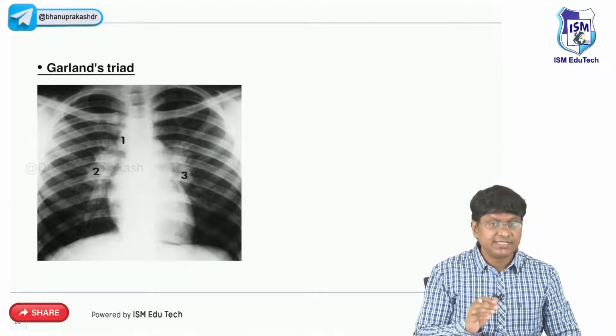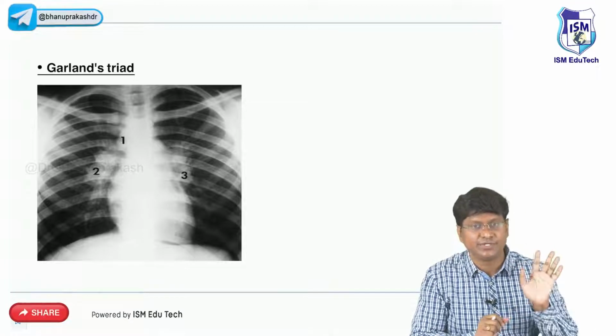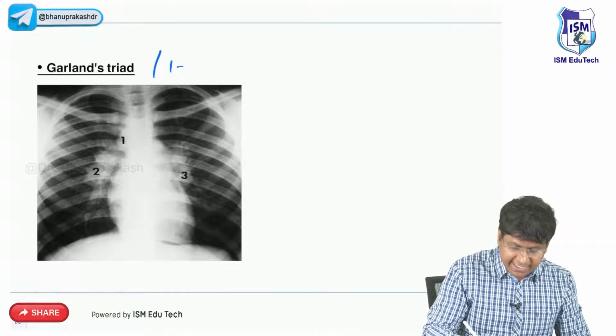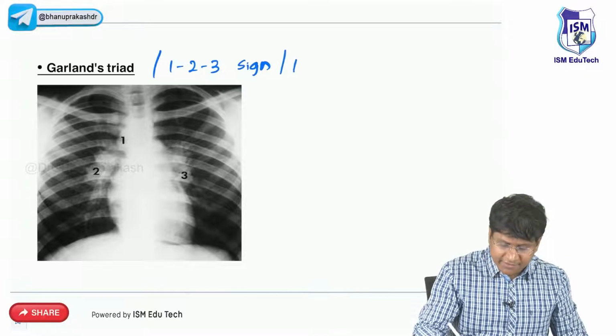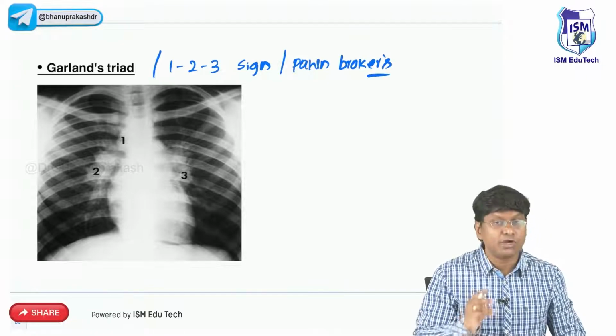Then next is a very important sign that you need to know. That is Garland's triad, which is also called the 1, 2, 3 sign, right? Another name for this is the pawnbroker sign.